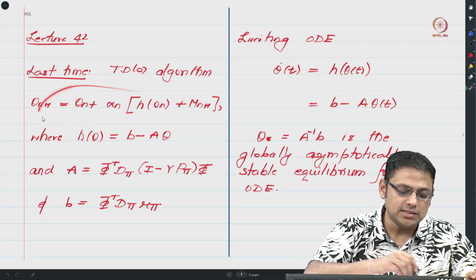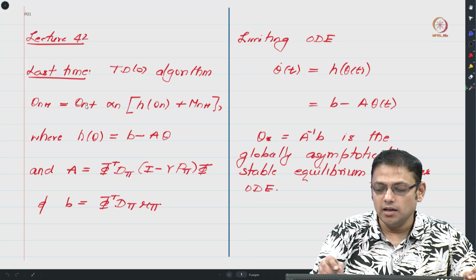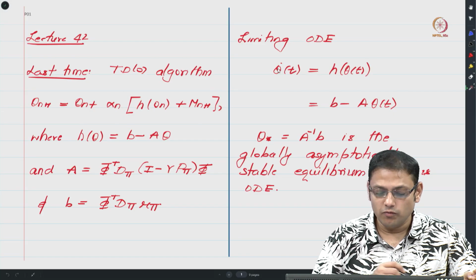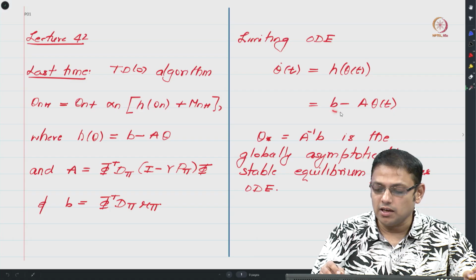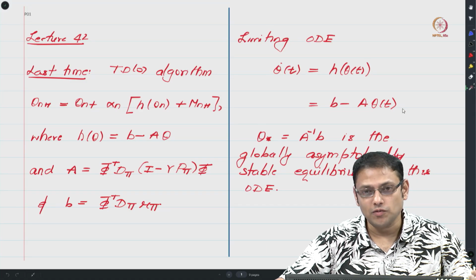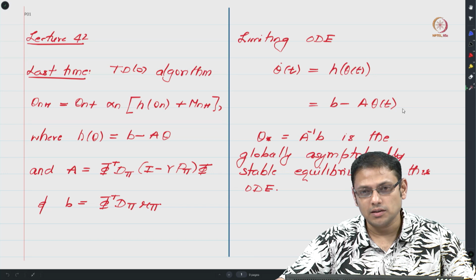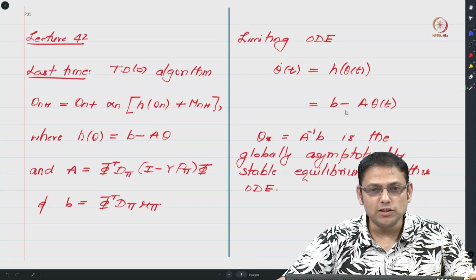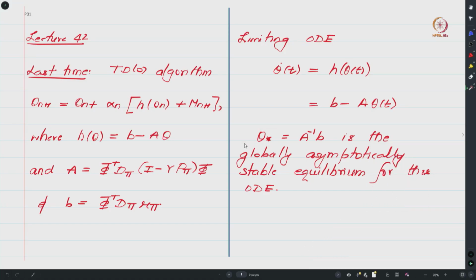For this algorithm, the limiting ODE can be guessed to be theta dot of t equals h of theta of t, which because of the nature of h of theta will turn out to be b minus A theta of t. And from this and also the fact that your matrix A is positive definite, we manage to conclude that theta star equals A inverse b is a globally asymptotically stable equilibrium with respect to the ODE.